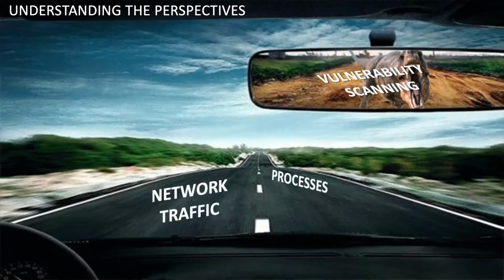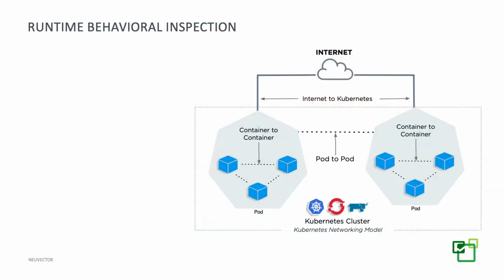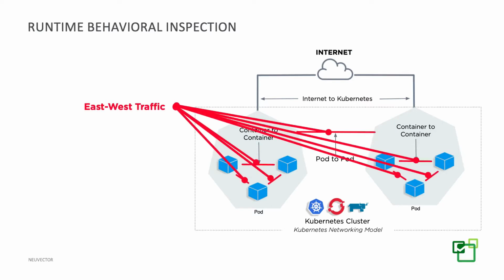So what you need to be able to do to look forward into your production environment is critically be able to understand how your network traffic is flowing between your pods, between your worker nodes, and ingress and out of the cluster. And then also within every container, the process and file activity. So with NeuVector, we're able to inspect all of that network traffic.